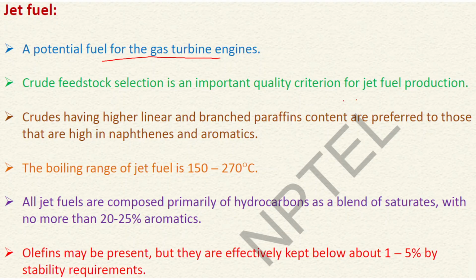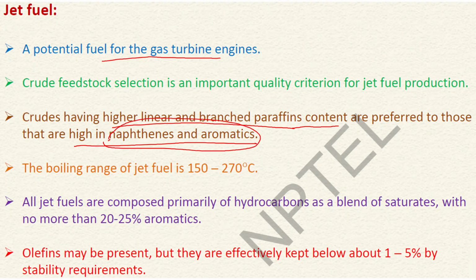jet fuel production. Crudes having higher linear and branch paraffin contents are preferred to those which are high in naphthenes and aromatics. Naphthenes and aromatics are not preferred.